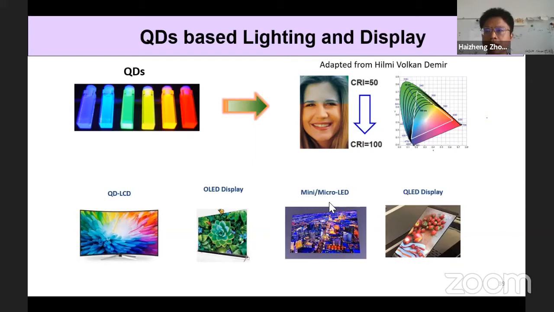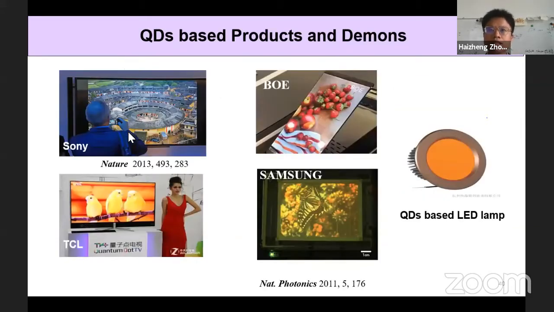Mini LED and QD display are successful demos. So in all these applications, QD are quite important. There are the first TVs from Sony and subsequently from TCL, and demos of QLED from BOE and Samsung. And there are also QD-based LED lamps.